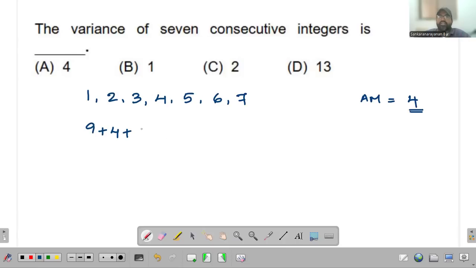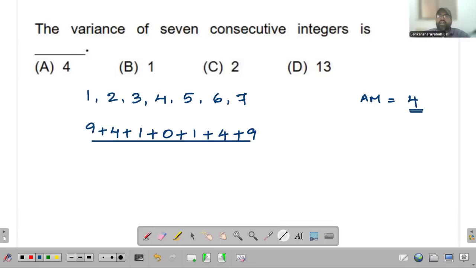Square of that, 1. 4 is deviated from 4 by nil. Square of that, 0. 5 is deviated from 4 by 1. Square of that, 1. Similarly, 6 minus 4 is 2. Square, 4. And 7 minus 4 is equal to 3. Square, 9.